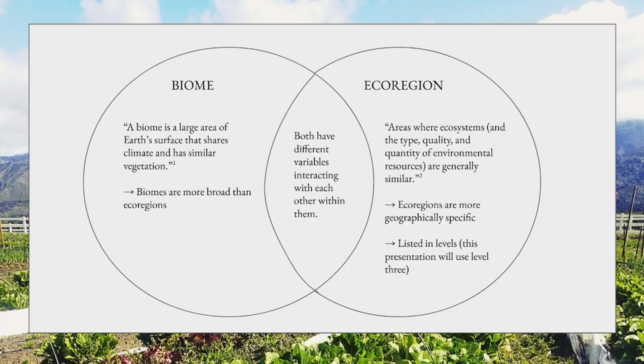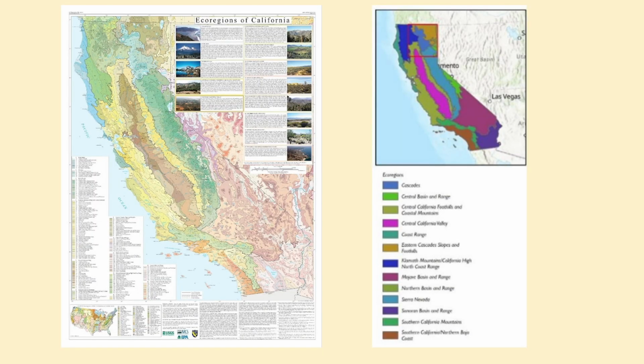An ecoregion is defined as areas where ecosystems and the type, quality, and quantity of environmental resources are generally similar. So ecoregions are just more honed in, more specific, mapped out, that kind of thing. And these are the maps that I pulled my data from.